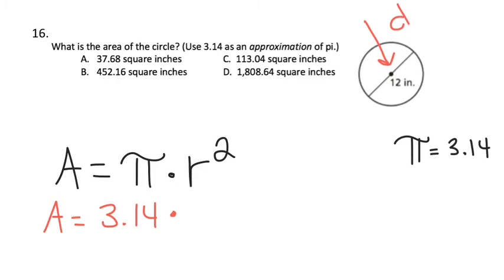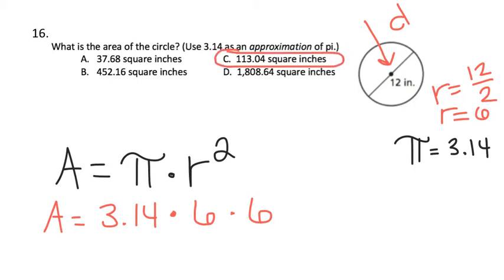But this needs a radius. So to get a radius, you would just divide by 2. So to get our radius, we would just say 12 divided by 2, because what we're doing is basically just cutting it in half. And you would end up with 6. And from this point, we just multiply in our calculator. 3.14 times 6 times 6. And you would get answer choice C.